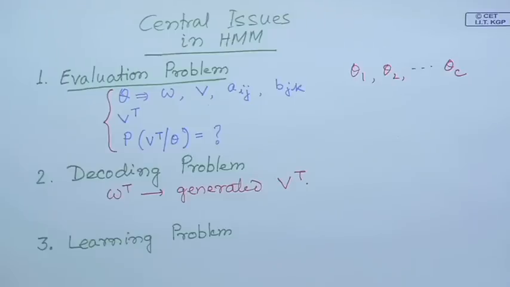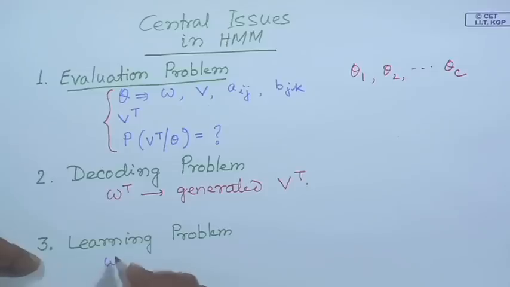That is the decoding problem. The learning problem is: given a coarse, rough structure of the hidden Markov model, meaning how many hidden states and how many visible states it has, but I do not know the transition probabilities. The transition probabilities are unknown.